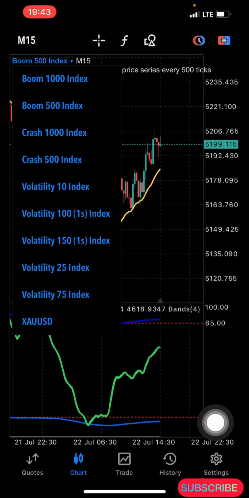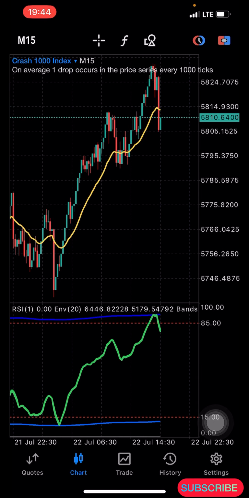Let's go back to crash. Here on crash right now, this is a spike catching strategy. In case you don't know, we use this strategy to catch spikes. We are not trading against spikes with this one, so take note of this.